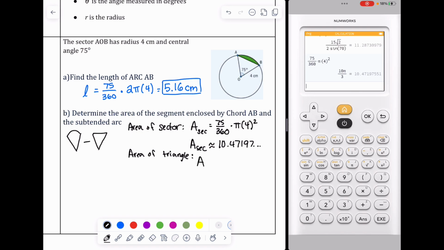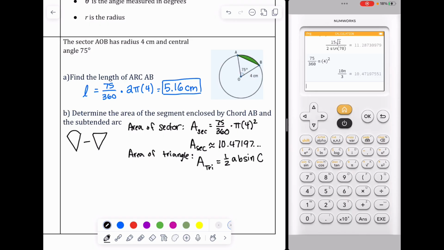So area of our triangle in general is 1/2 AB sine C, where A and B are sides and C is the angle between them. We might think, wait, we only have one side and an angle.